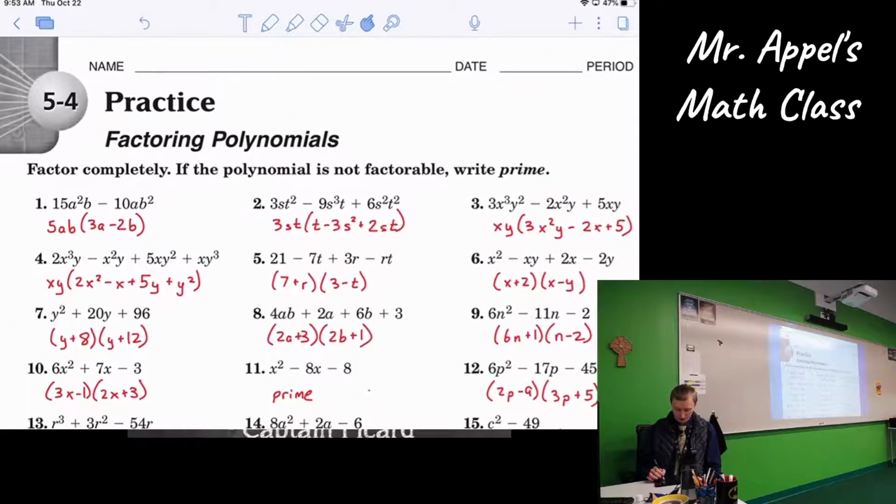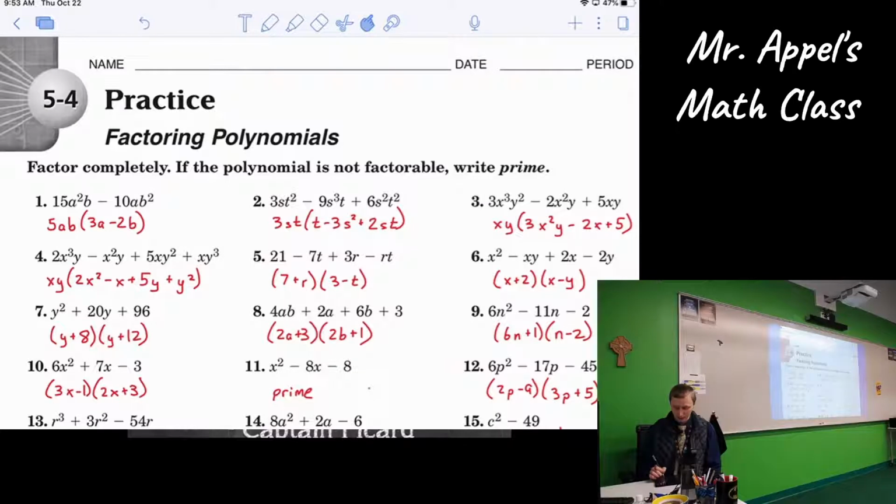Here is the second page. Things got a little bit more complex, some of them. They seem to have thrown more of these double letter ones at you.